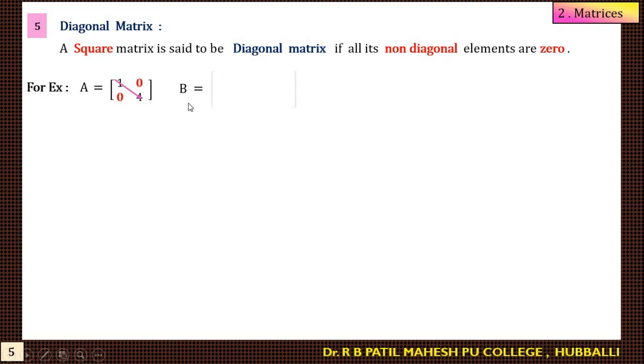Another example, B is equal to, it is of order 3, 5 0 0 0 minus 1 0 0 0 2. So in this example, the diagonal numbers are 5, minus 1, 2, and the non-diagonal elements, you can see, are all 0. So therefore this type of matrices are called diagonal matrices or diagonal matrix.